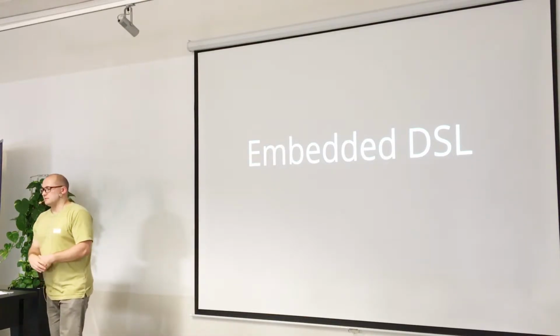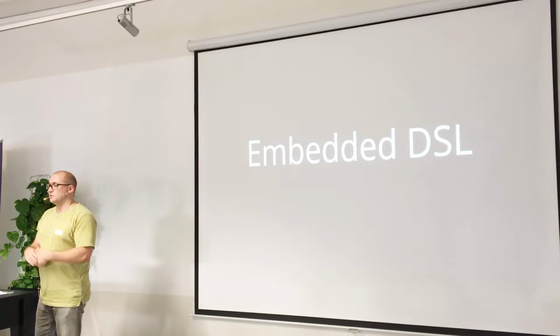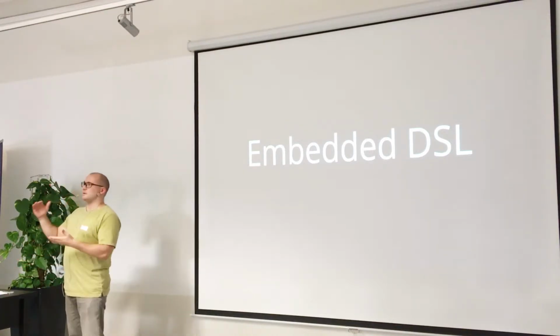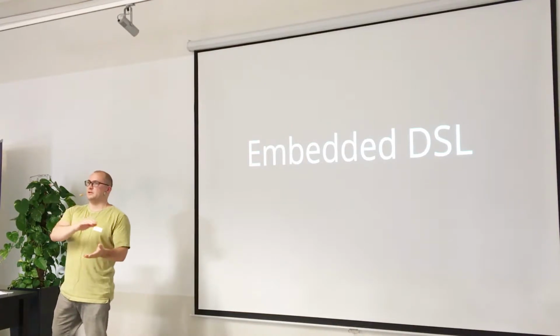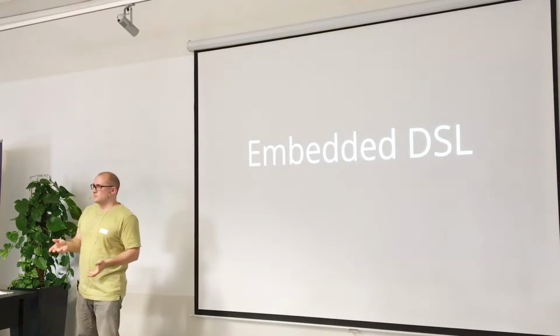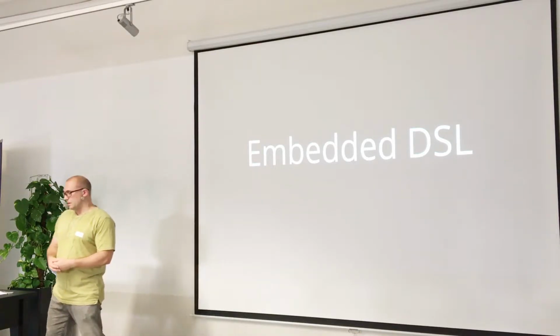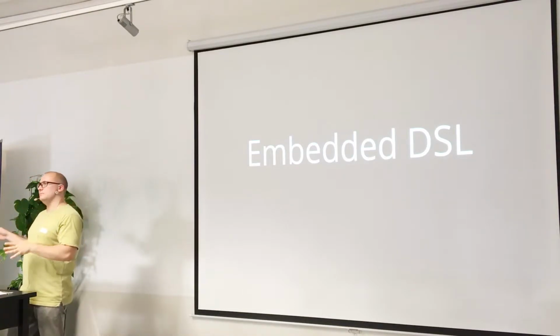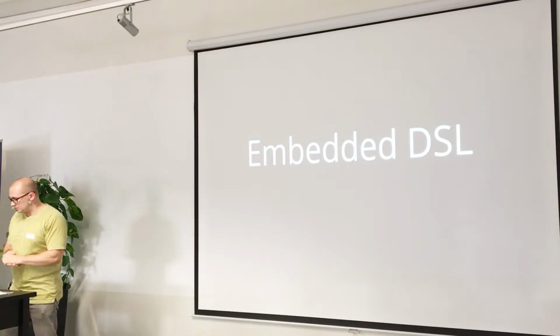And embedded DSLs is something where you use your existing language, and then in certain parts of your application you start writing DSL-like structures for specific tasks. So we are going to talk about this second group of DSLs here.